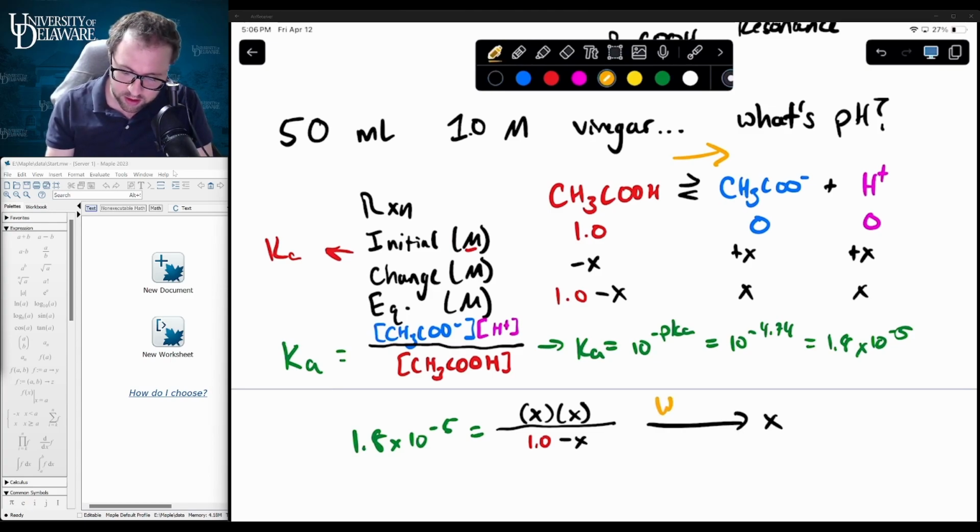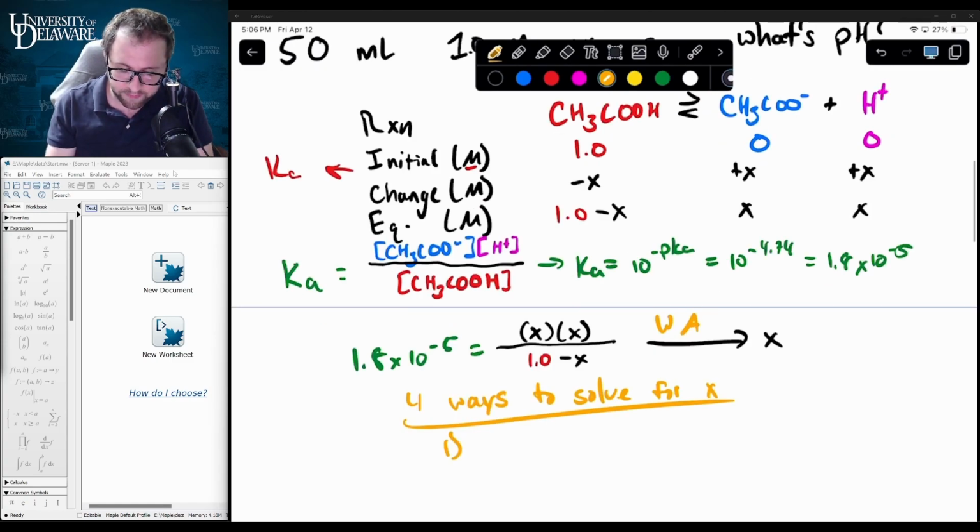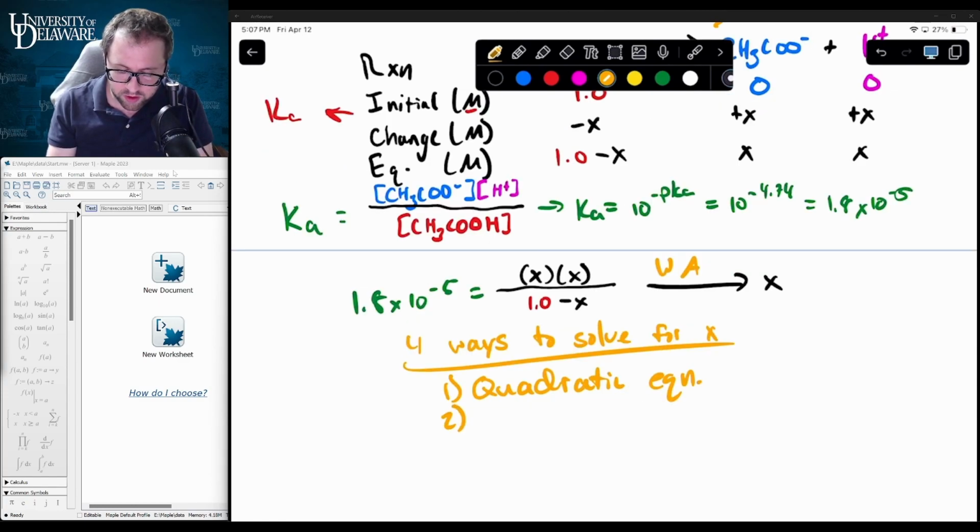I'm going to, as always, just turn this over to Wolfram. There are 3 ways to solve this. I guess there's 4 ways. All right, we have 4 ways to solve for X. Our first way, we could expand this and do a quadratic equation.